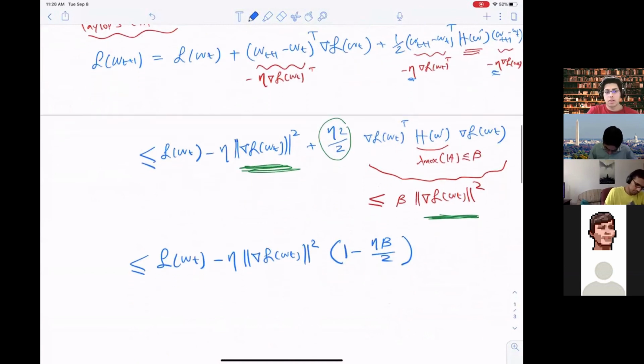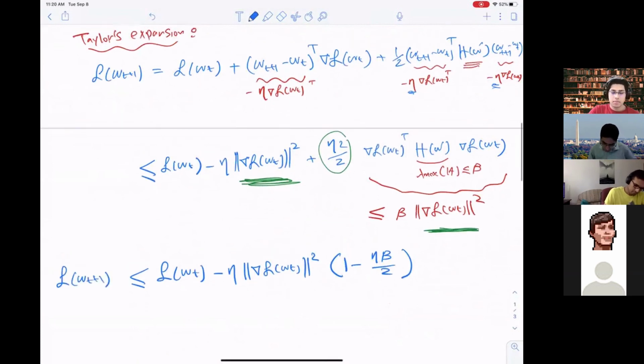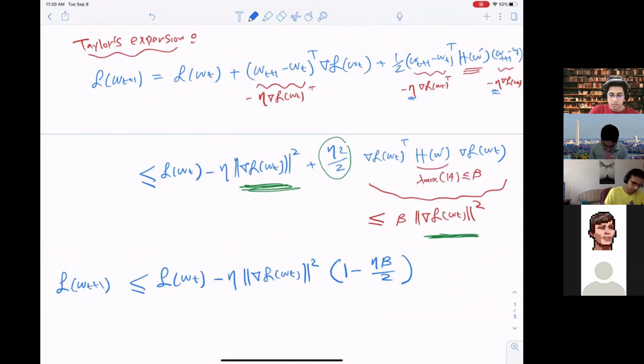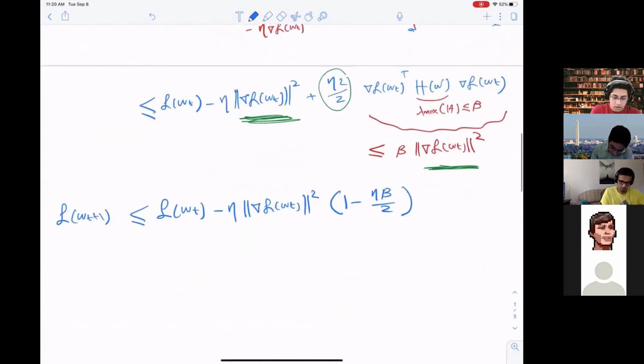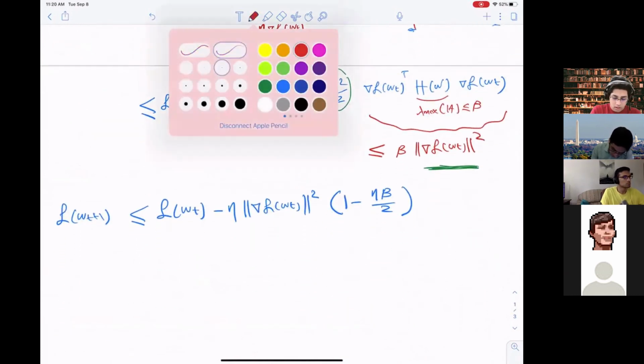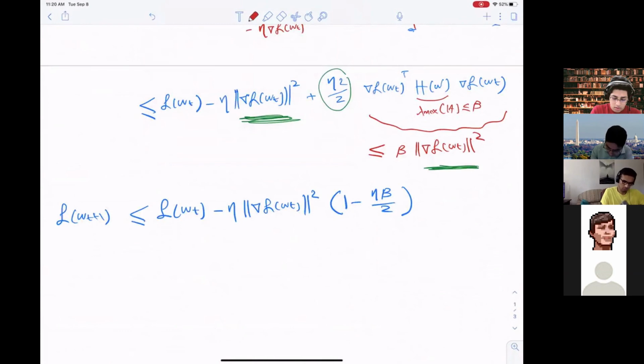So that's it. This is basically Taylor's expansion. What I used so far is the bound on the maximum eigenvalue of my Hessian. So basically I used the second assumption that my loss is beta smooth. Now let me use my third assumption. When my learning rate is small enough, let's say 1 over beta, or smaller than that, here you get 1 over half.